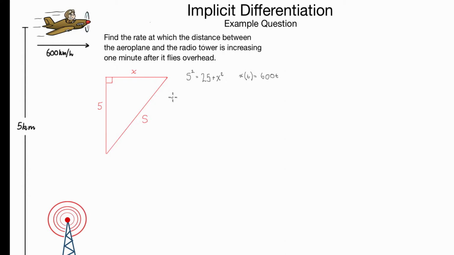So we're going to go d S squared dt is equal to d25 dt plus dx squared dt.